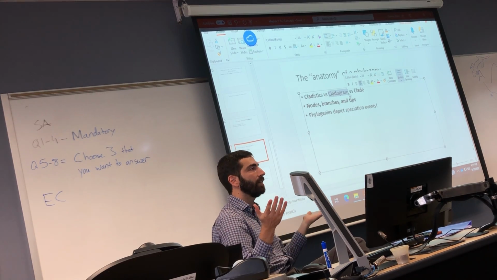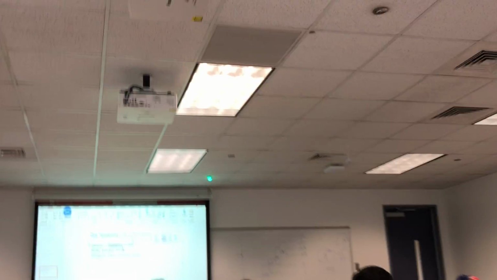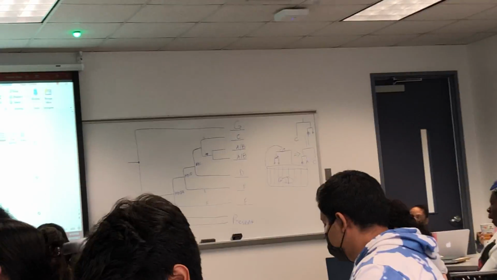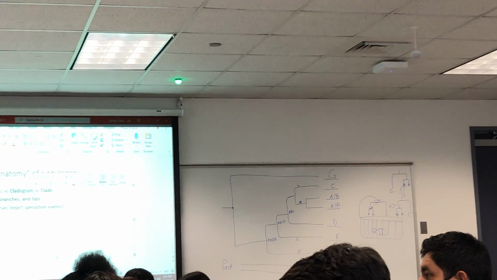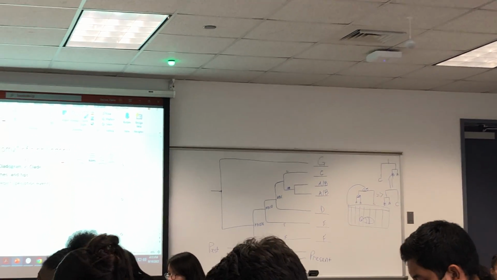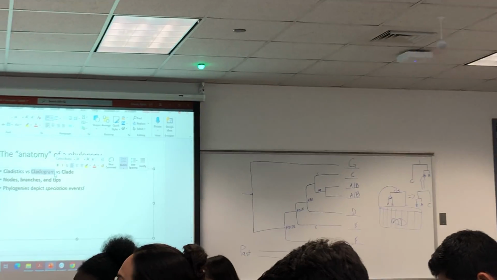And then a clade is kind of the unit of a cladogram. So a monophyletic group. So species A, B, and C would represent one clade, for example. They're a monophyletic group. Species D, E, and F, we would say, is not a monophyletic group. So let's just use some examples here.